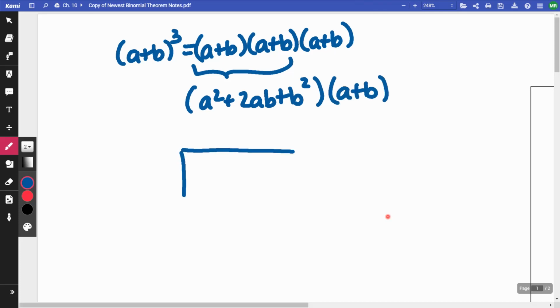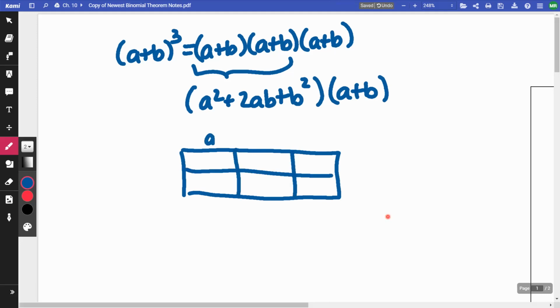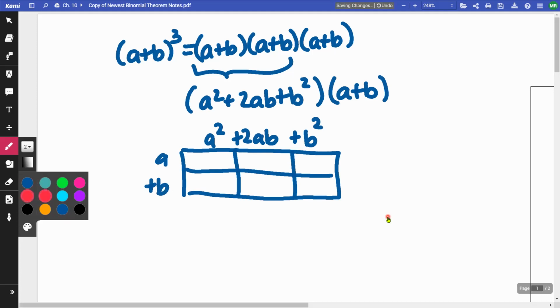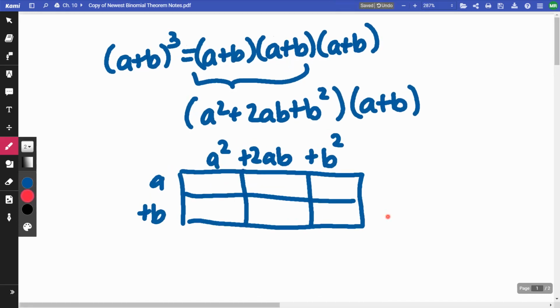So if I was to work that out, I'm going to have a squared plus 2ab plus b squared, and here is a plus b. I'm going to multiply this together, and when I do, I get a to the third, 2a squared b, a b squared, a squared b, 2a b squared, and then b to the third.